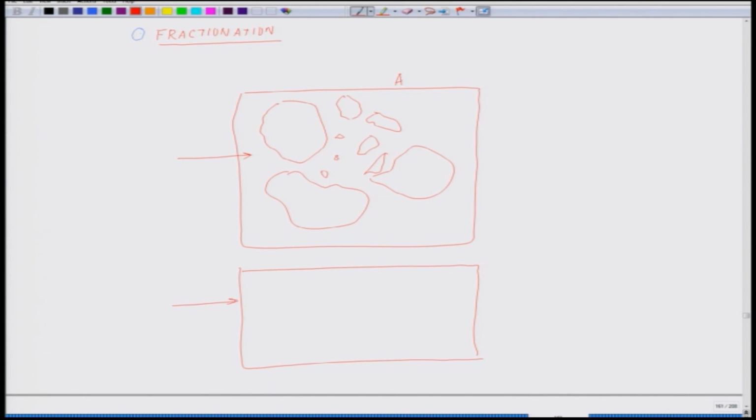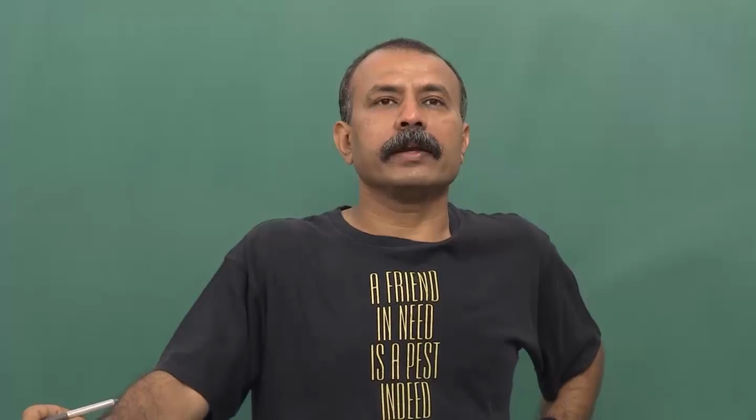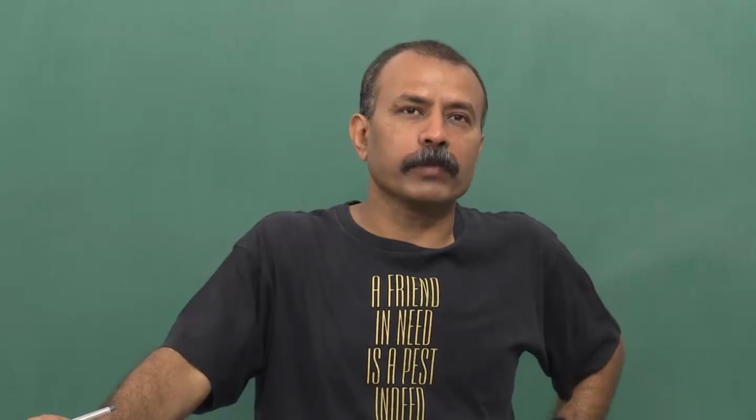If this is box A and this is box B, and I give you a uniform particle size like this, more or less in a uniform range, you can do a prediction much better. So, fractionation is a very important tool which comes very handy in the pre-treatment of the feedstock.